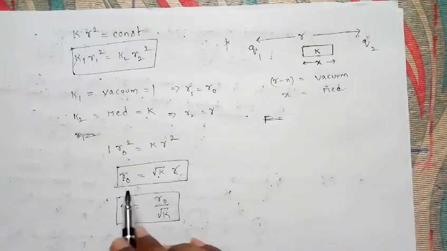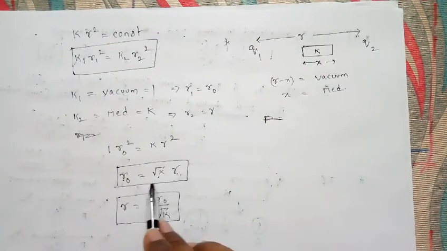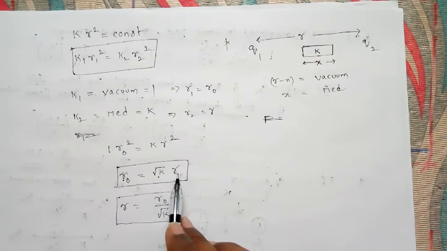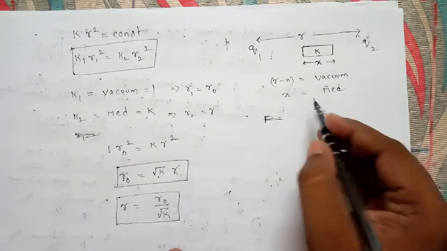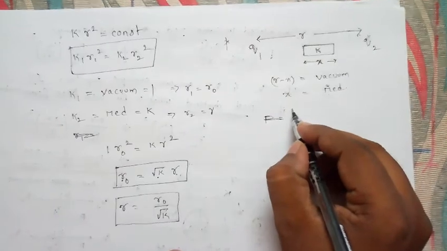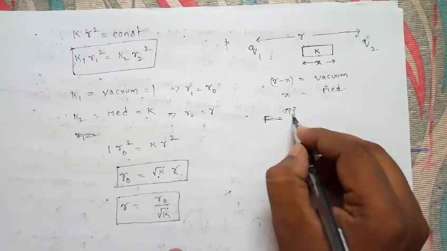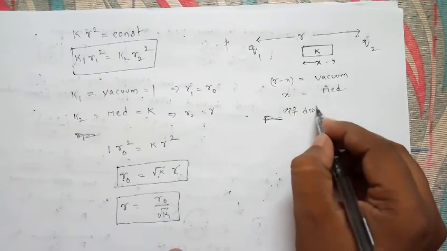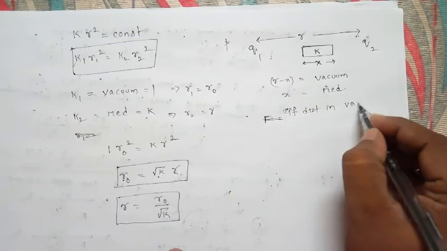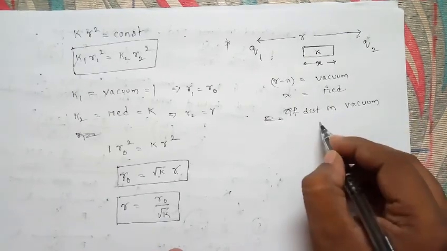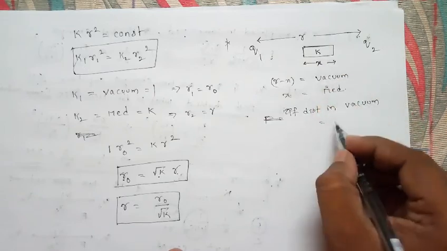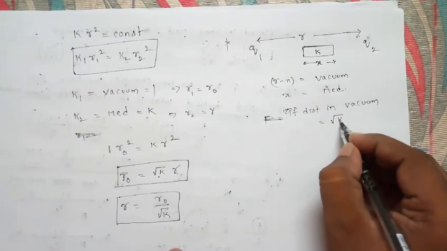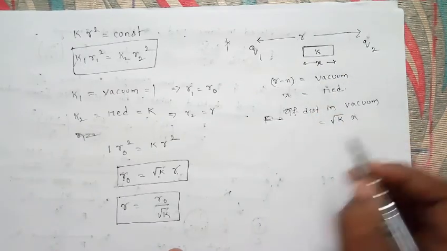We have the effective distance in vacuum is root k times the distance in medium.